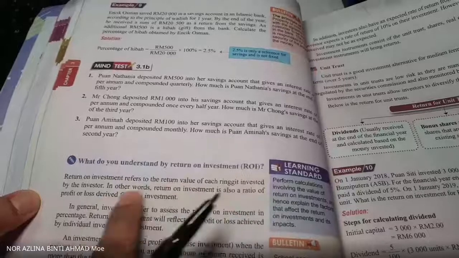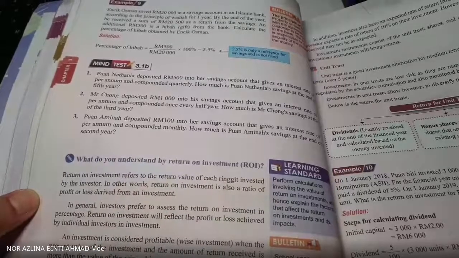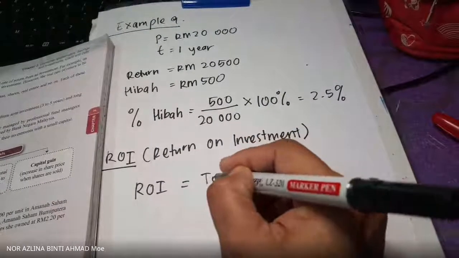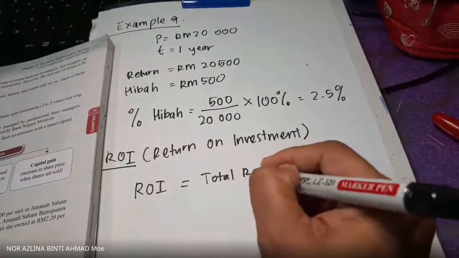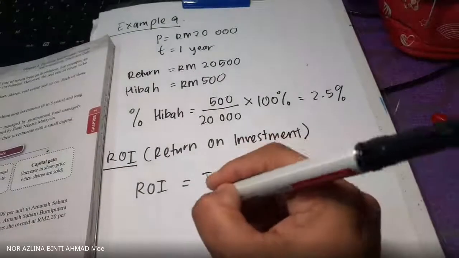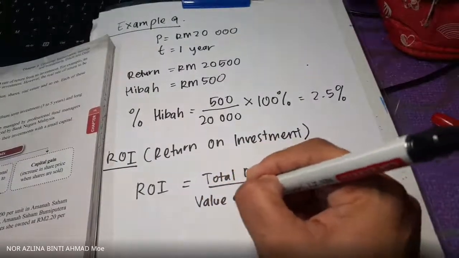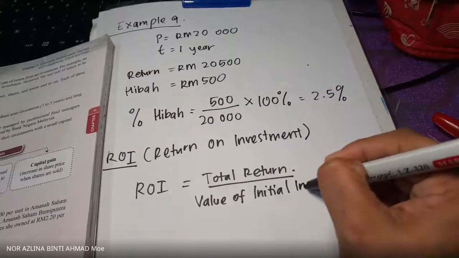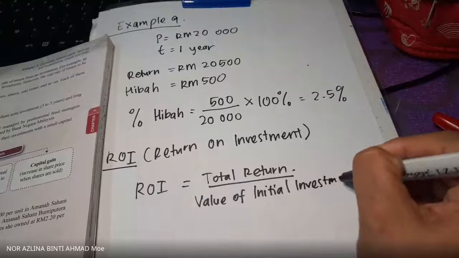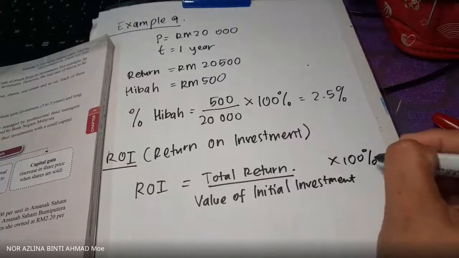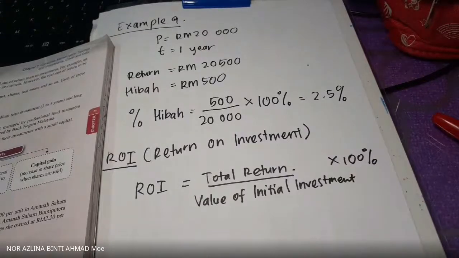You can read here on page 60. And the formula is total return over value of initial investment, multiply 100%. This is ROI.